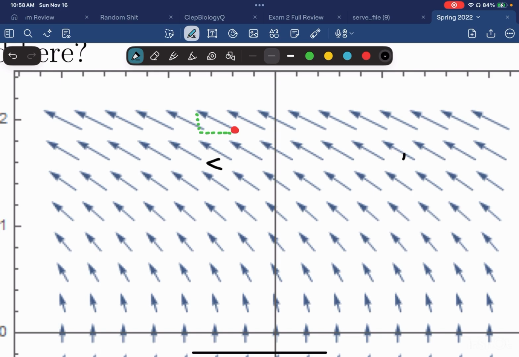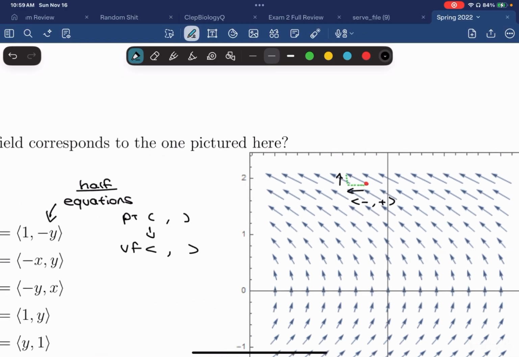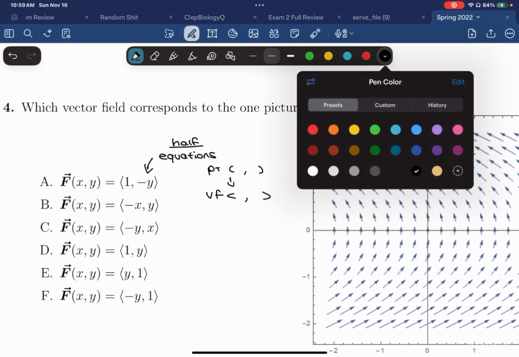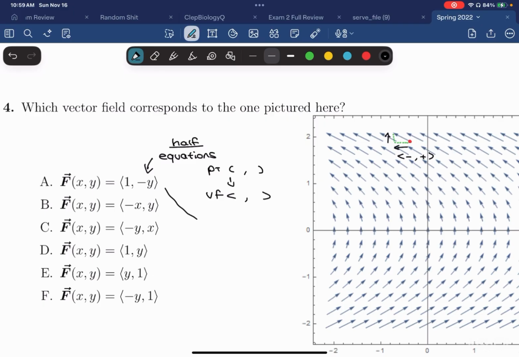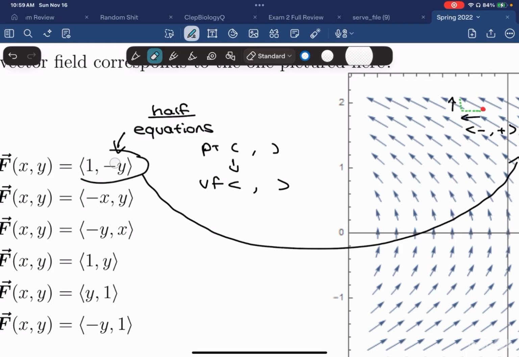Since it goes to the left, your x vector will be negative, and if it goes up, your y vector will be positive. So let's use this point right here and test out a few things. So this is A. The vector for A is 1, negative y.